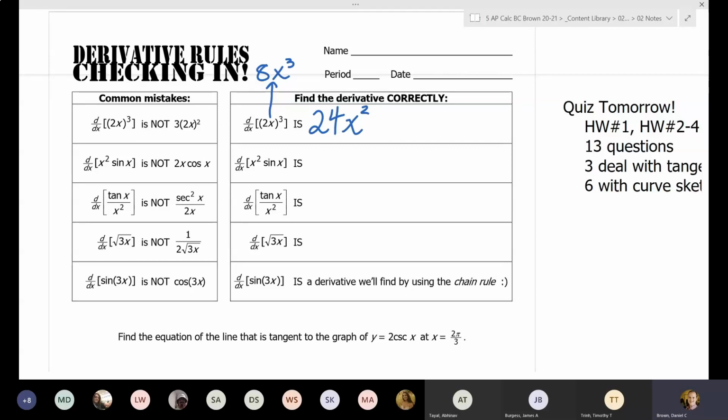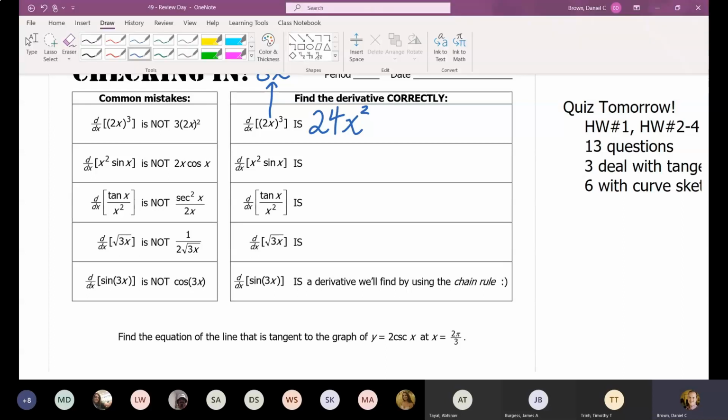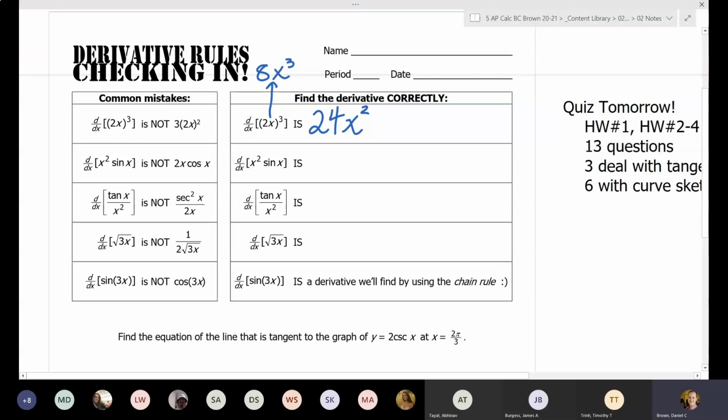That second and third row deals with the product and the quotient rule. I don't think anyone in this class will make that mistake unless they're just rushing. But remember, if you have 2 things being multiplied with x or 2 things being divided by x, you either need to find a way to rewrite it, or you need to use the product or the quotient rule. So the second one, we know for the product rule, the order doesn't really matter since you are adding.